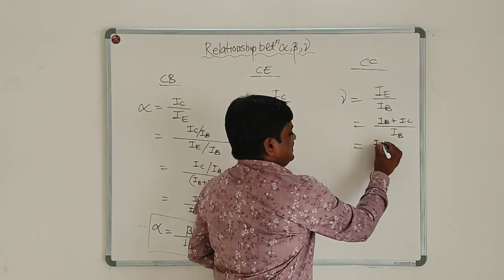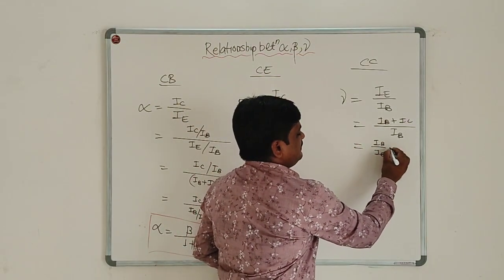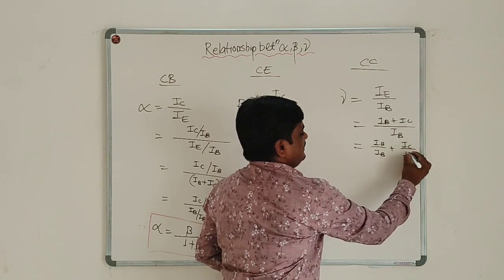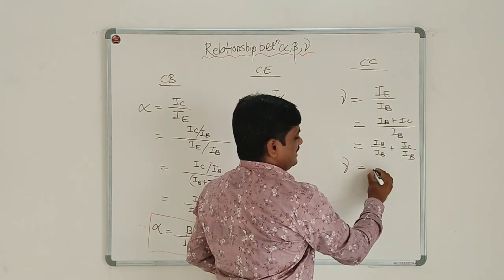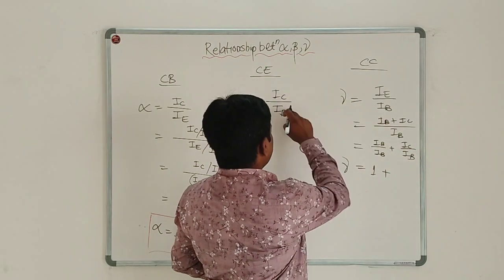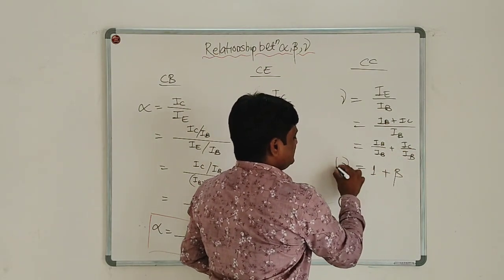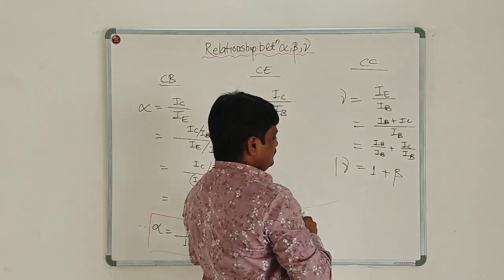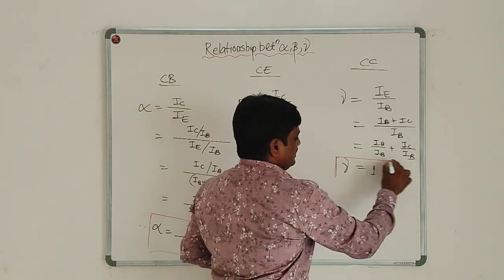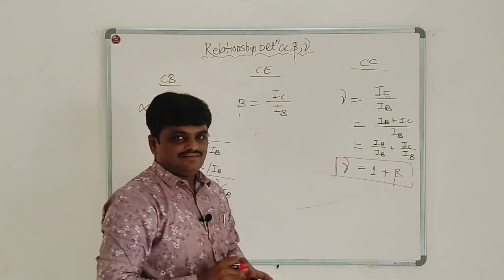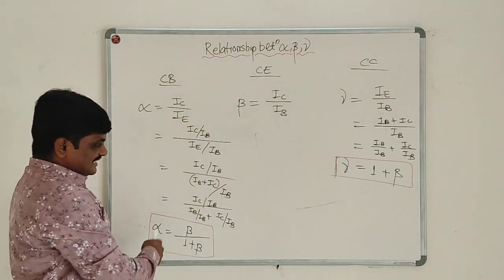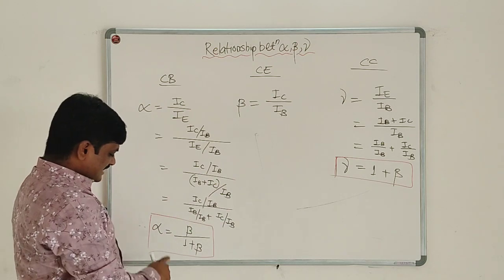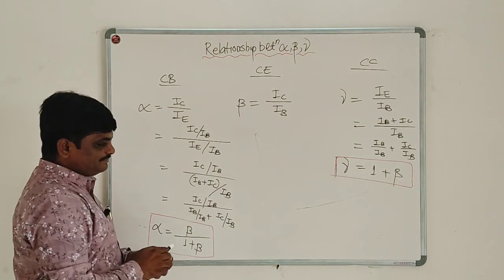If I separate this, I get IB divided by IB plus IC divided by IB. Hence gamma is equal to 1, since IB by IB is 1, plus beta. So gamma is equal to 1 plus beta, and alpha is equal to beta divided by 1 plus beta.